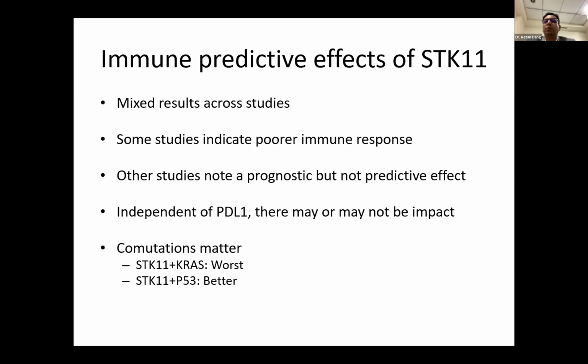Some studies indicate poor response, but other studies note a prognostic but not a predictive effect. So independent of PDL1, there may or may not be impact, but as of now, when this particular mutation is present, we prefer chemotherapy rather than anti-PDL1 therapies.